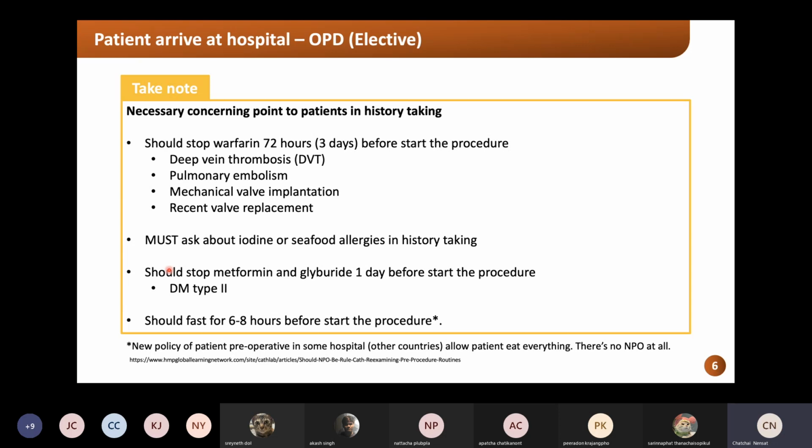It is a really small percentage of cases where aspiration happens during the procedure. So some hospitals or some interventional cardiologists may not prefer fasting the patient.